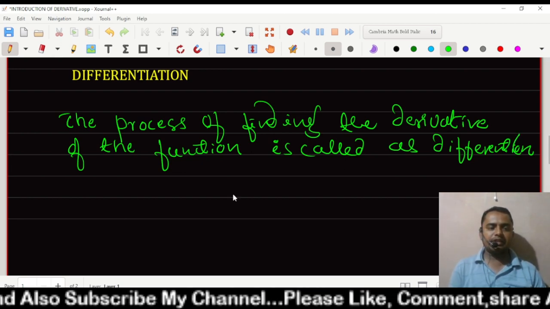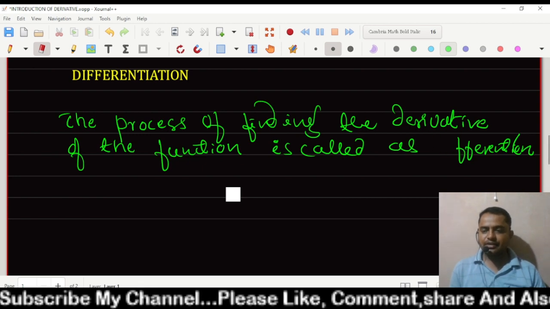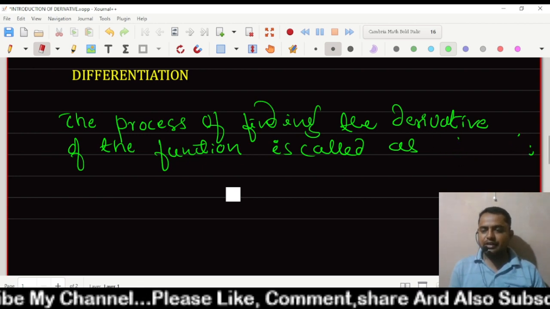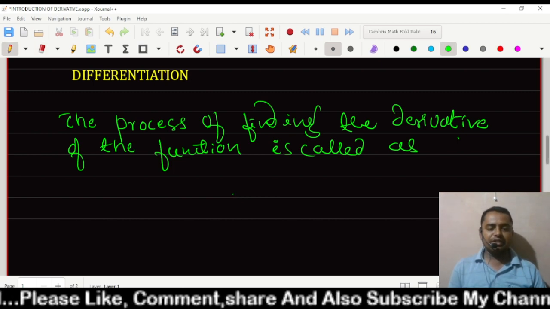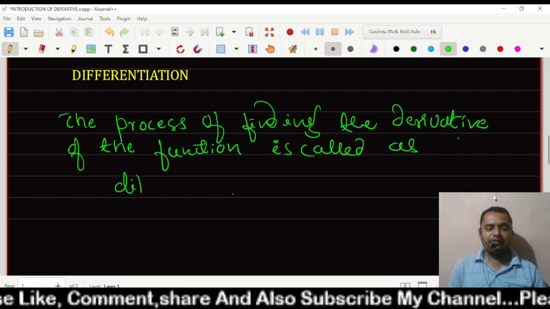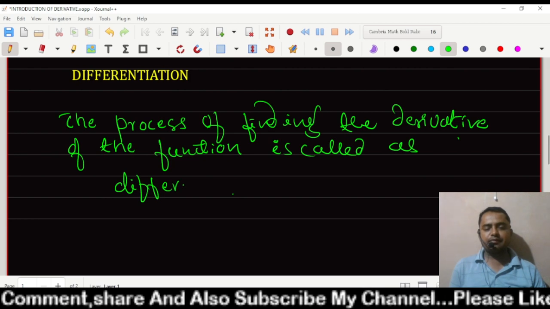Wait a minute, I made a mistake here in the writing. Sorry dear students. The process of finding the derivative of the function is called differentiation.